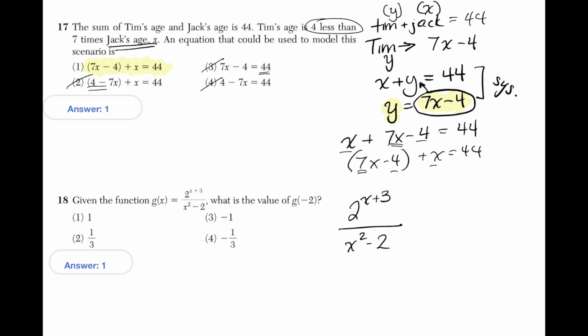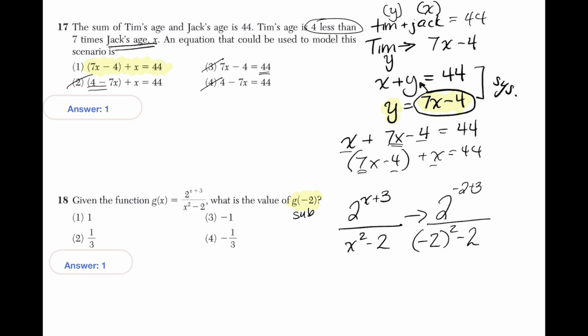I want g of negative 2, so this is where I'm going to substitute. Everywhere you see an x, I'm going to put a negative 2. So 2 to the power of 2 times negative 2 plus 3, over negative 2 squared minus 2.